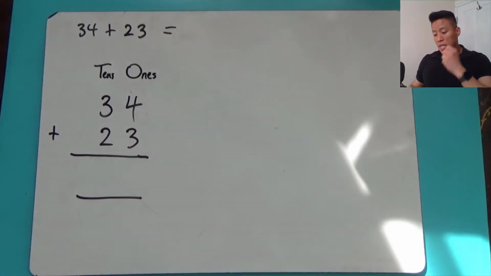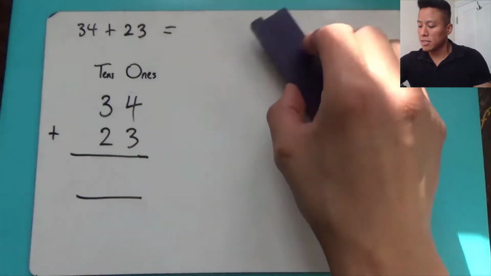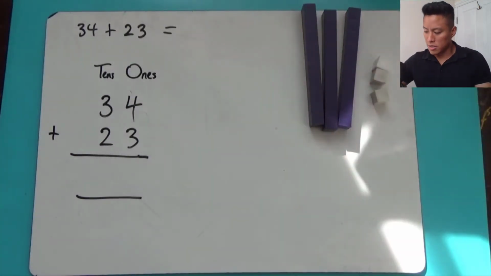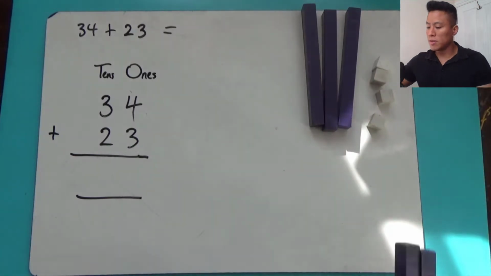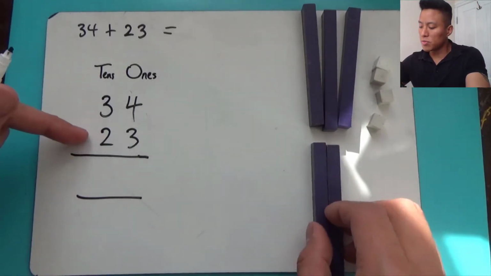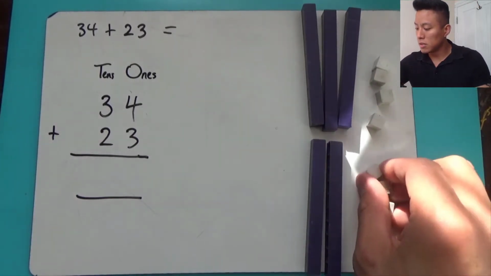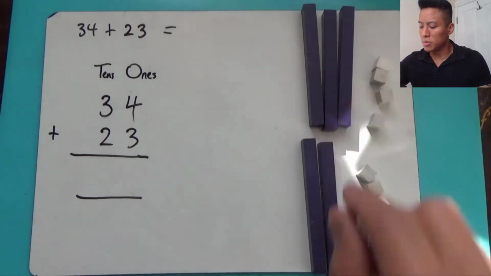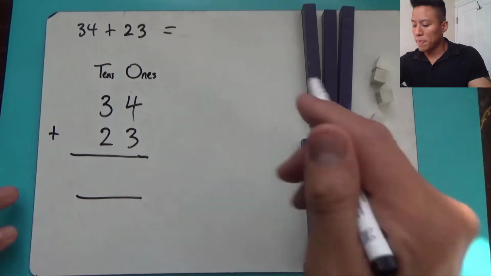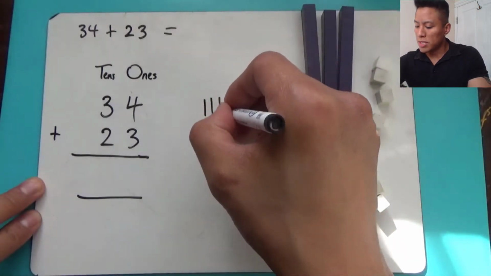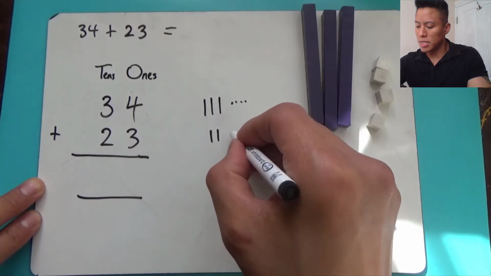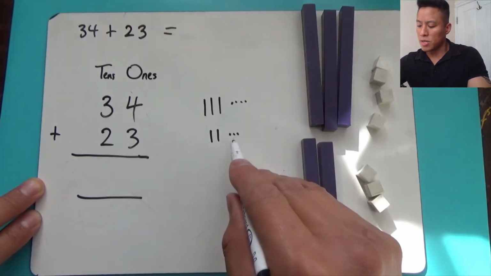If we look at the Dienes blocks to show you: 3 tens and 4 ones for 34, and 2 tens and 3 ones for 23.